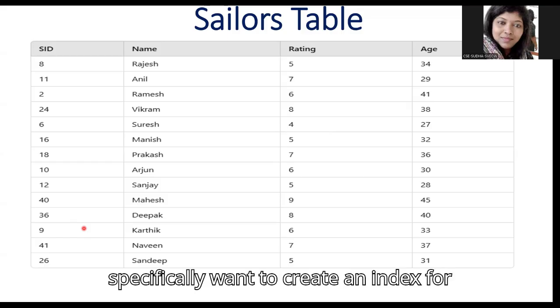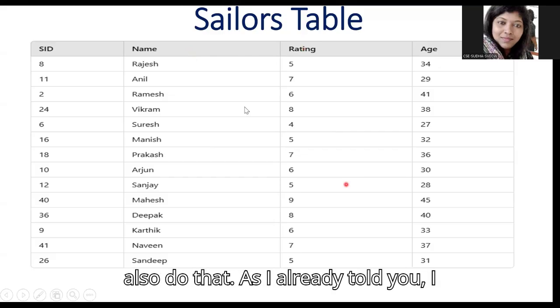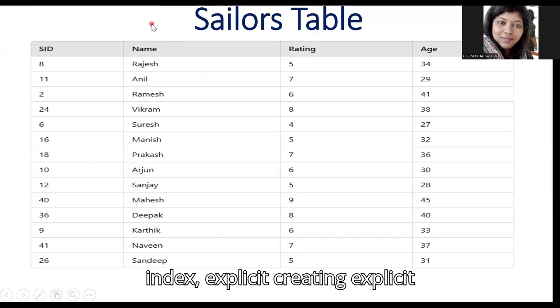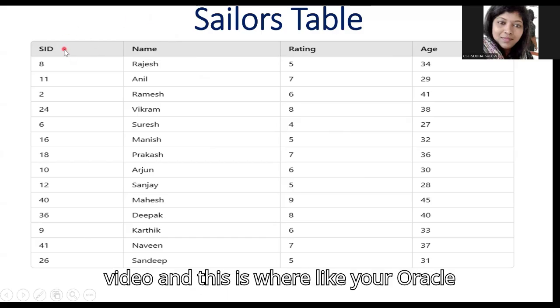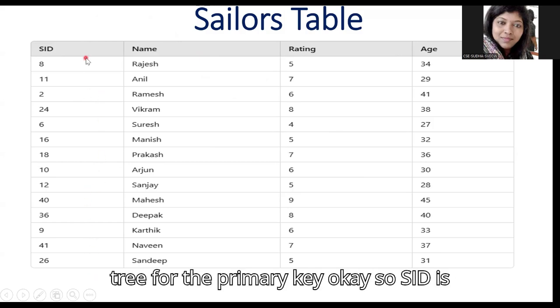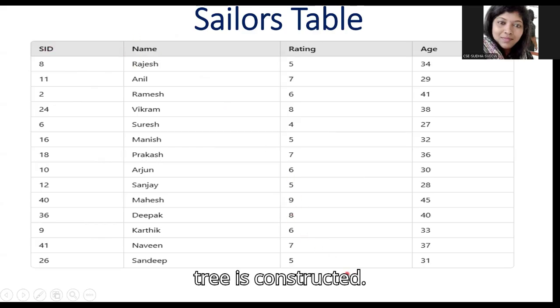But if you specifically want to create an index for some other attributes, you can also do that. As I already told you, I have created a video on creating explicit indexing, so you can watch that video. Here, Oracle itself creates an implicit index, a B plus tree, for the primary key. So SID is the primary key, and we'll see how that B plus tree is constructed.